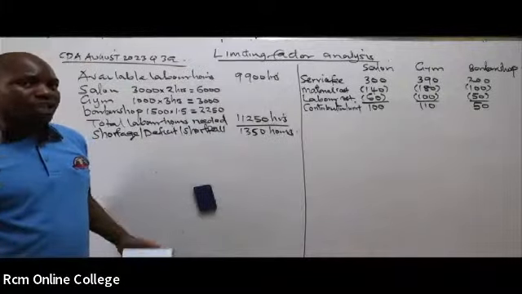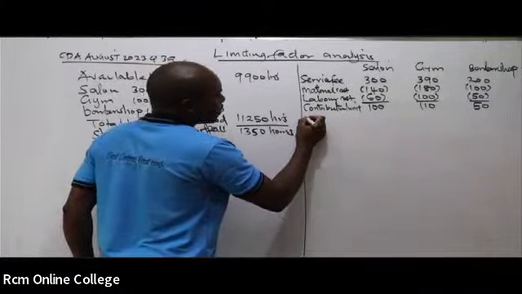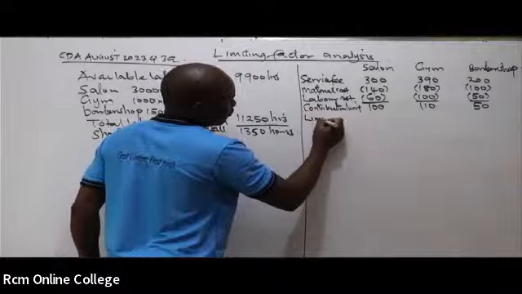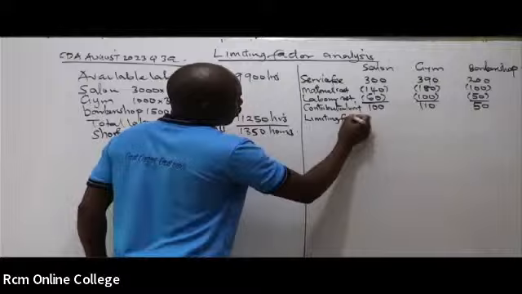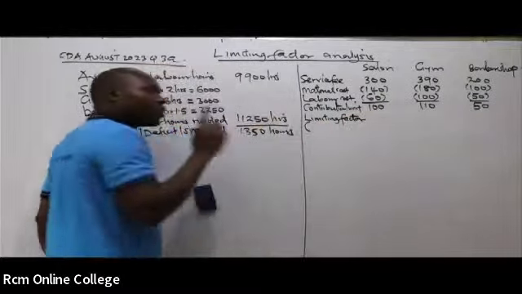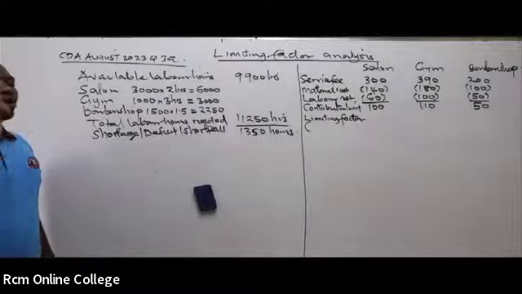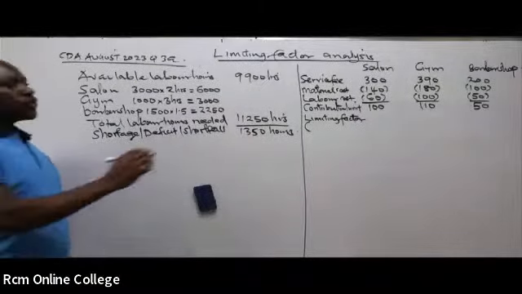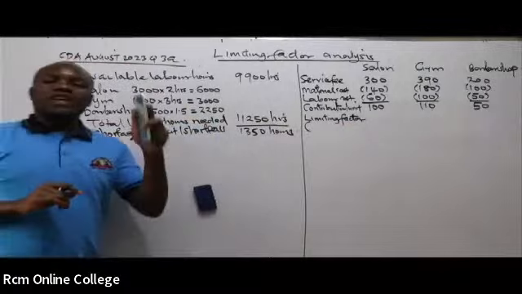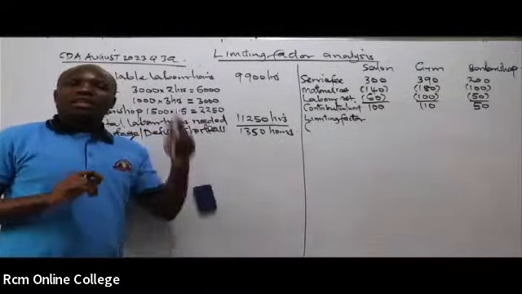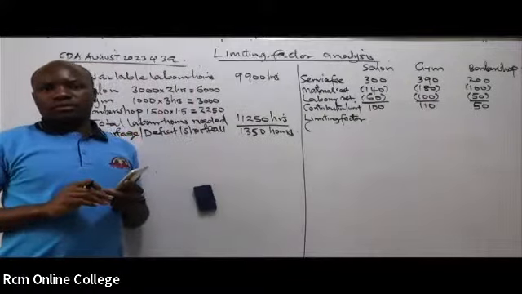What is our limited resource? Labor hours. So I normally prefer putting it this way. I put it as limiting factor per unit. Now, already in this question, I know that limiting factor is labor hours. Why am I always avoiding using labor hours here directly? Because if you go to December 2022 sitting, limiting factor was quantity of raw material, right?